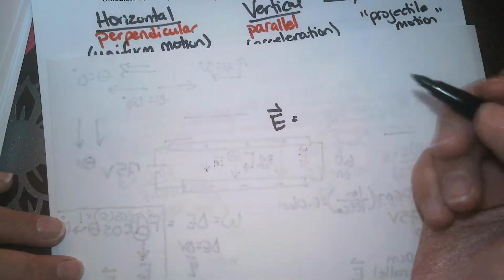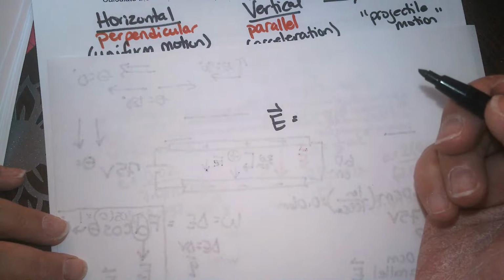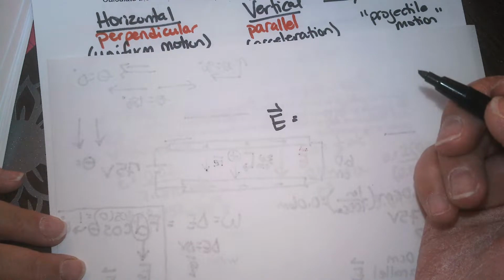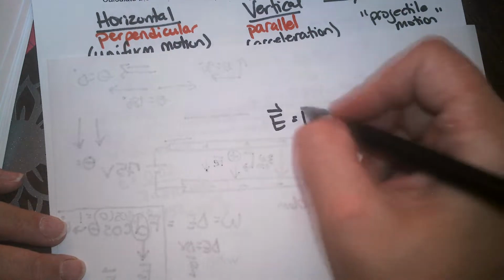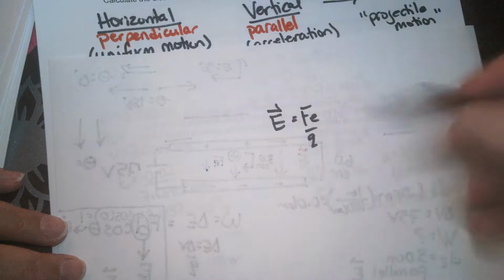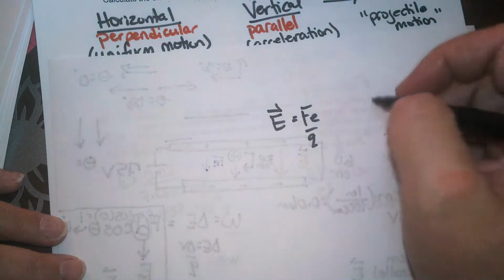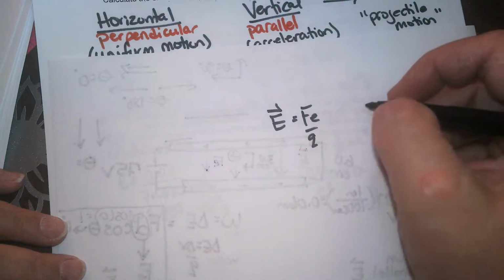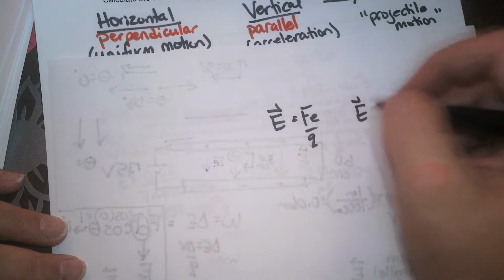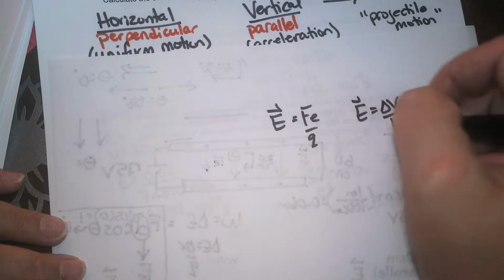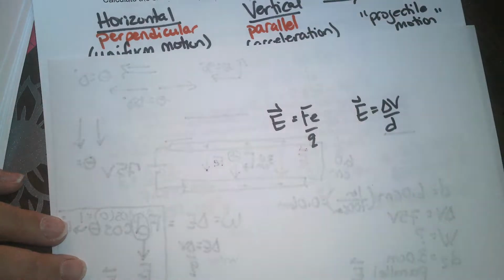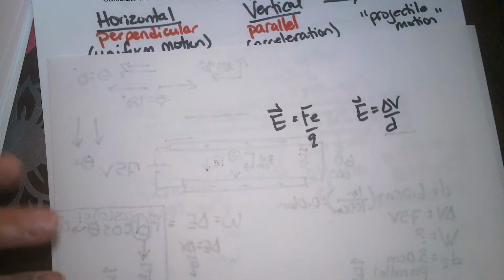What are all of the ways that we can find electric field strength? Okay? What's another way to find? Okay?